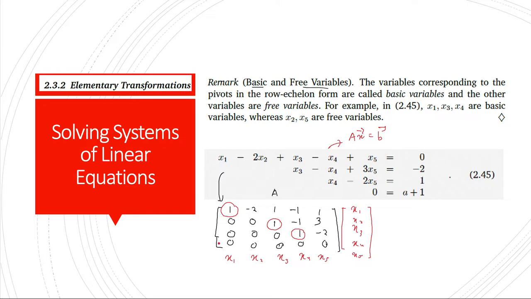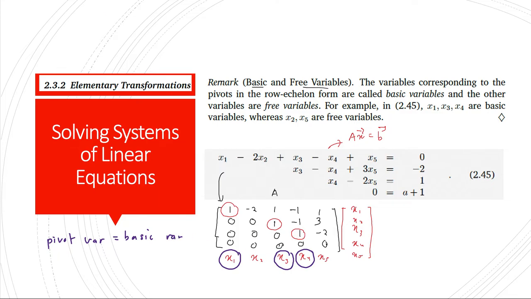Going back to these definitions, we can know that the basic variables for this equation are x1, x3 and x4. So the pivot variable is equivalent to the basic variable.